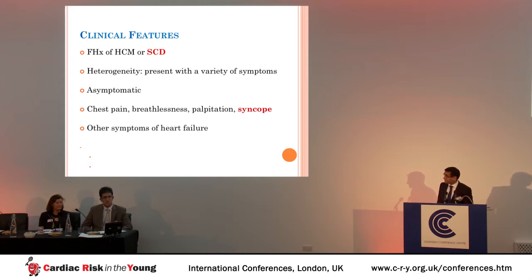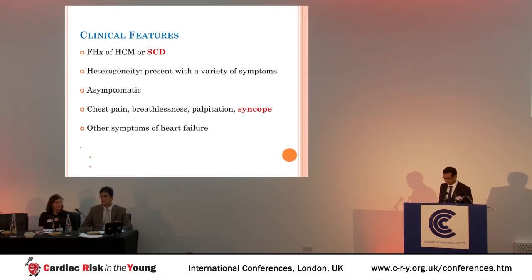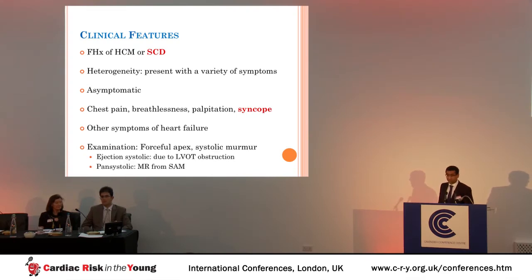In the later stages of the disease, other symptoms of heart failure may also be present, such as orthopnea, PND, or ankle swelling, but this is only in the burnt out phase normally. An examination may reveal a forceful apex and systolic murmur.